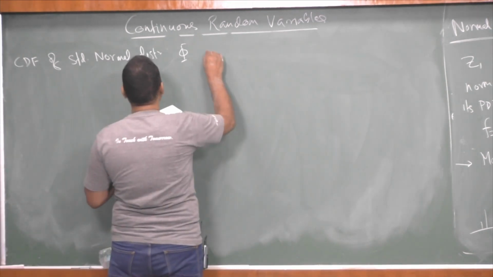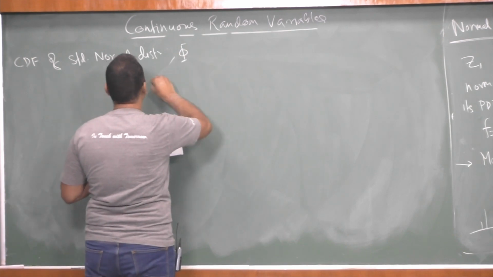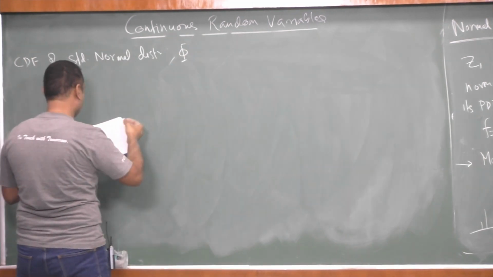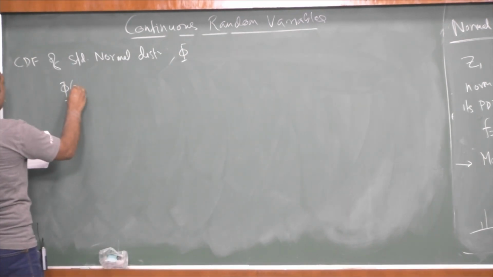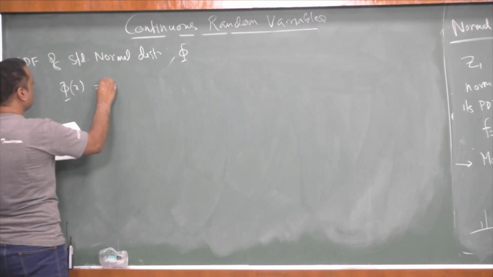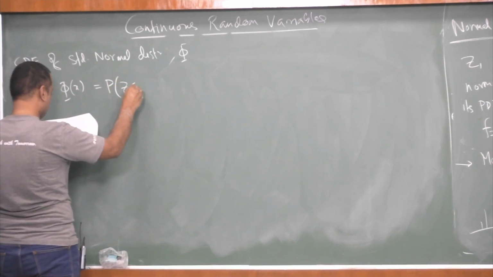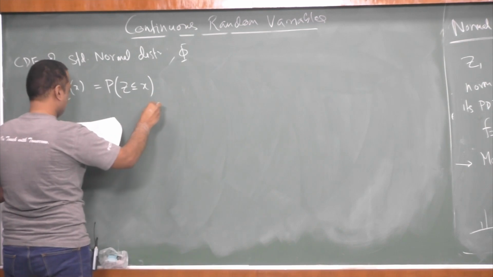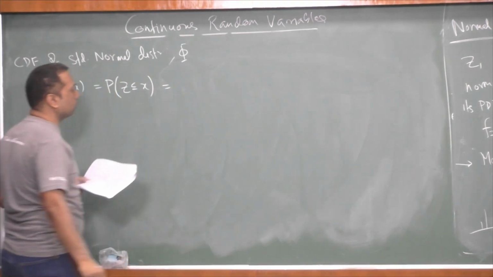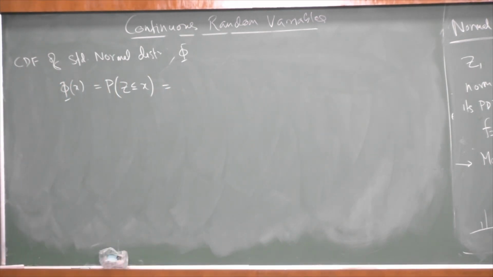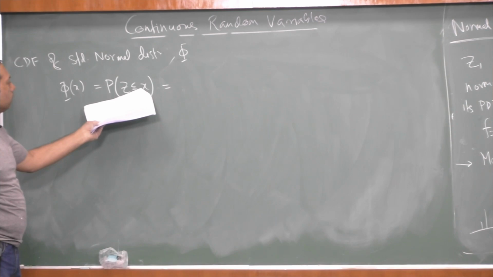So the CDF of the standard normal distribution, phi, is given as follows. Phi of x is the cumulative probability until some x, and by definition it is the integral of the PDF of the normal, f_Z, from minus infinity until x. We have to cumulate until x.